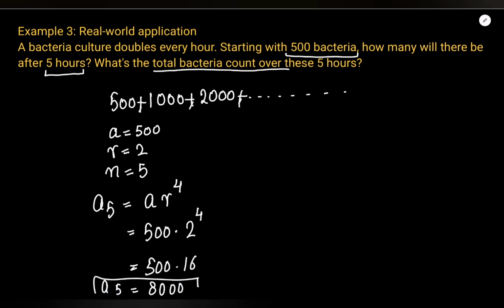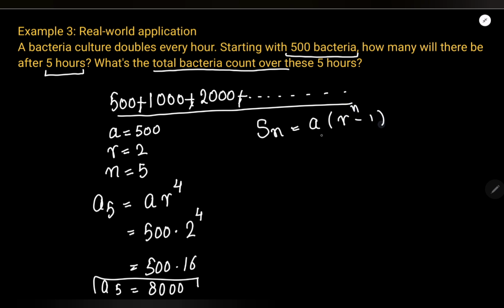Now we need to find the total bacteria count, when we add all these terms. So what will we get? Sn is equal to, what is the formula? First term times R raised to power n minus 1 by R minus 1. That means 500. What is R? R is 2. And what is n?